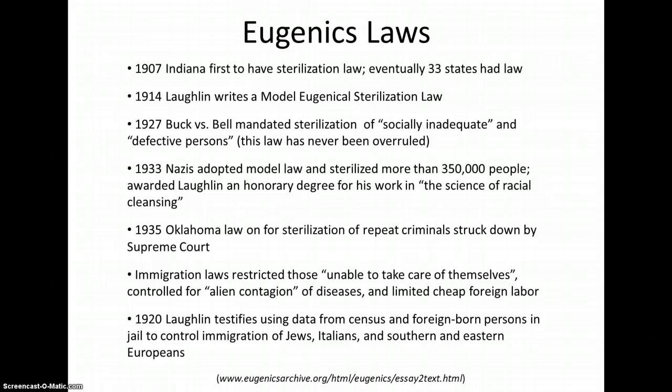In 1920, Laughlin testified using data from census and foreign-born persons in jail. He's the one that pushed for these immigration laws where they were controlling the number of Jews, Italians, Chinese, and people from South and Eastern Europe.